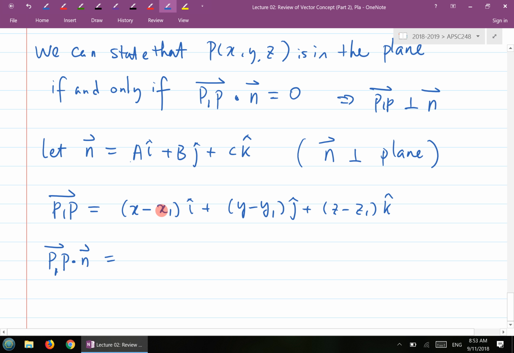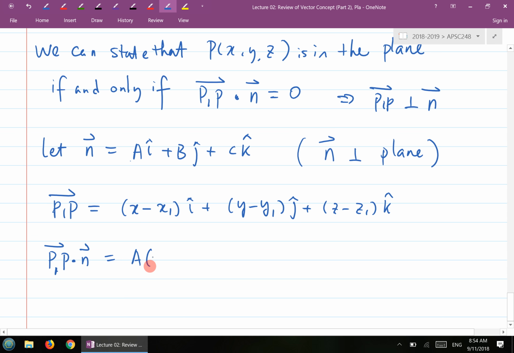And this dot product basically means you multiply all the i components, j components, and k components, and then you add them together, right? So that gives you a times (x minus x1) plus b times (y minus y1) plus c times (z minus z1).